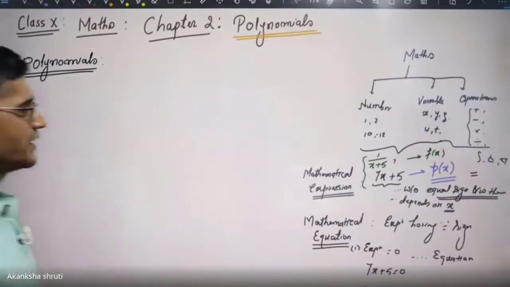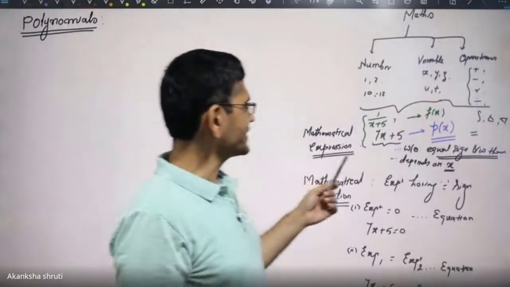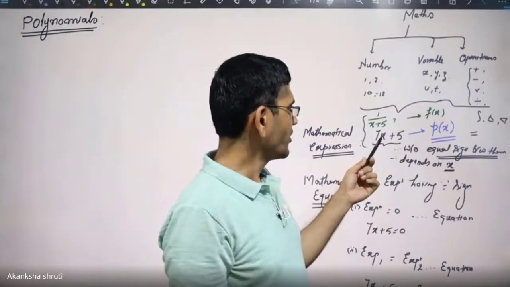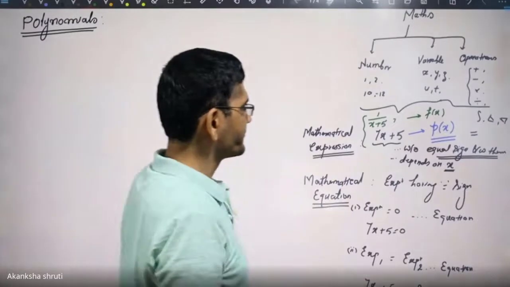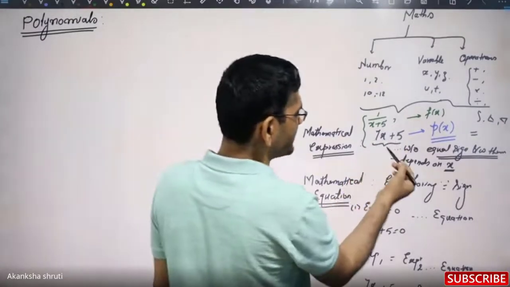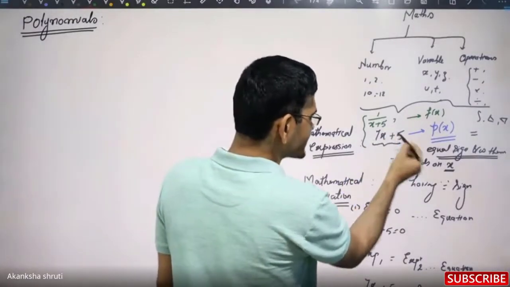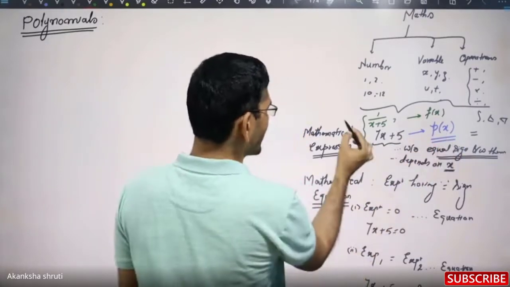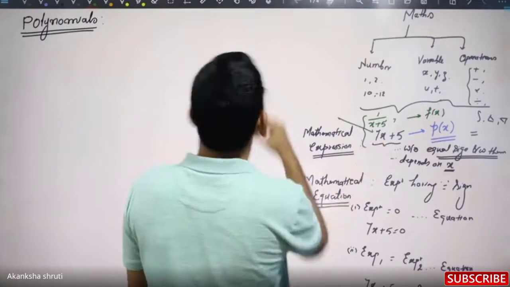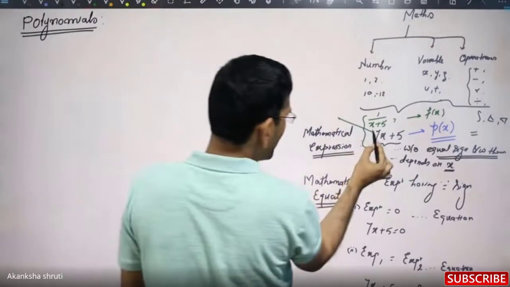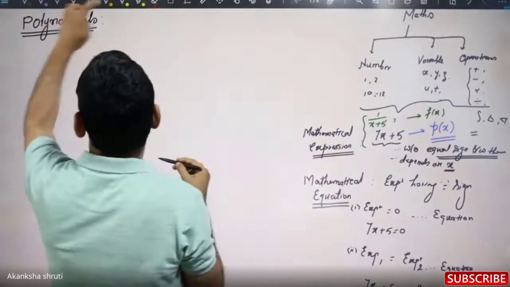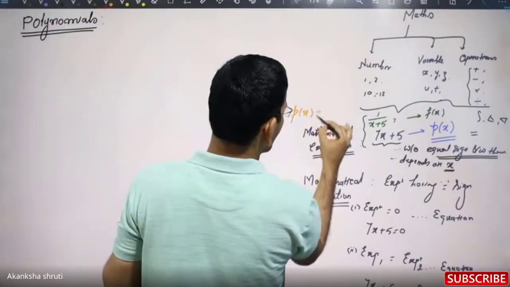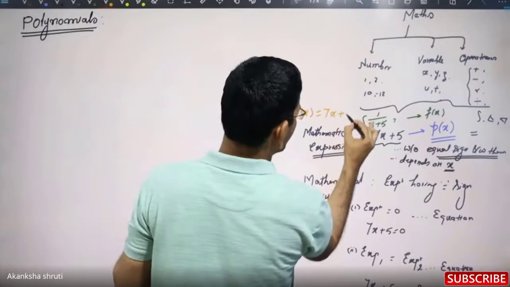Student, in this mathematical expression, we have a function of a variable like 7x plus 5. This entire 7x plus 5 is simply denoted as p(x). So that's why we are writing this 7x plus 5 in short form as p(x) equals 7x plus 5.